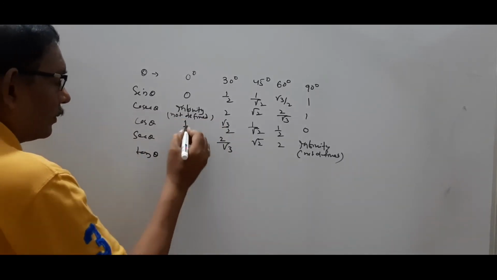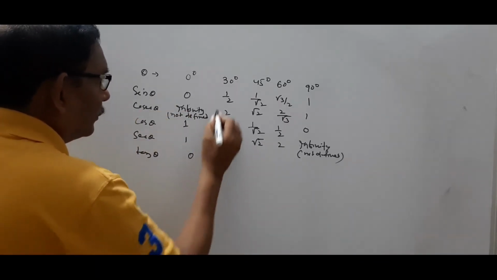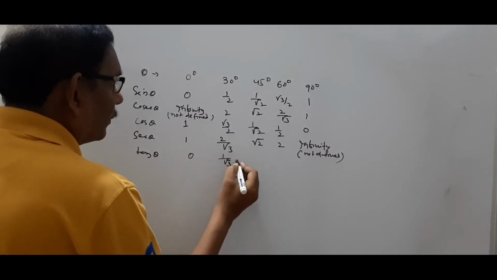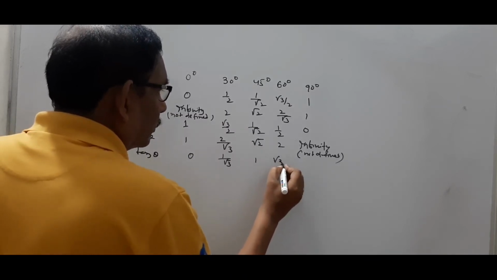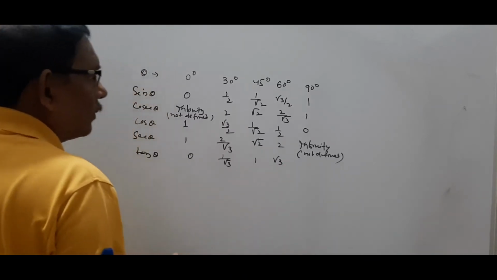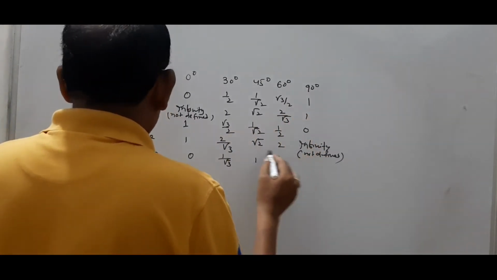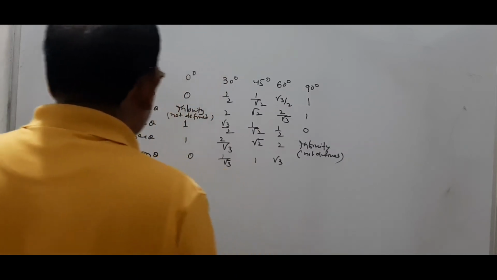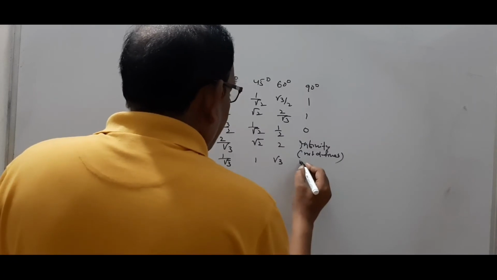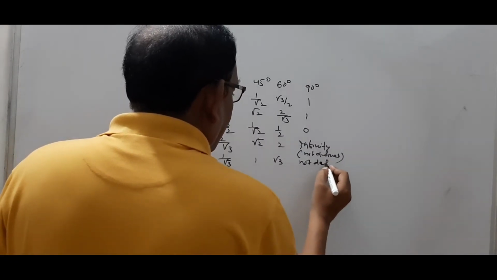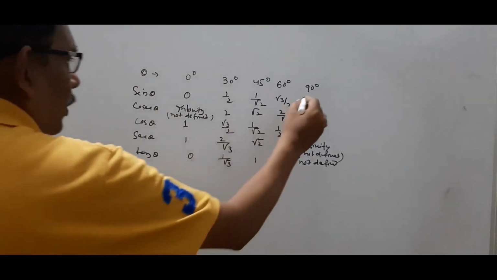Tan theta is sin by cos: 0, 1 by root 3, 1, root 3, and at 90 degree it is 1 by 0, not defined, because 1 by 0.